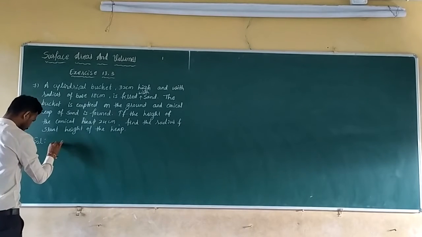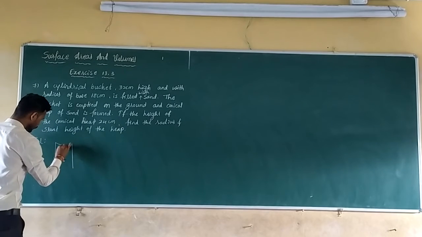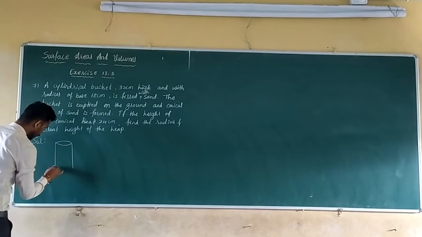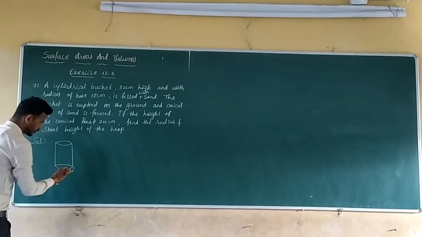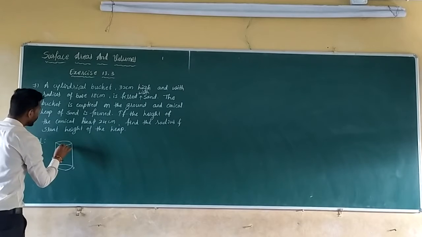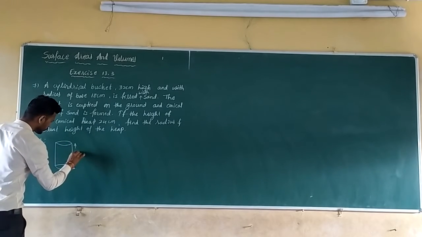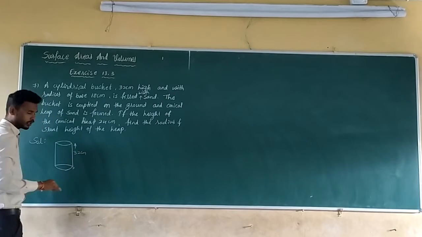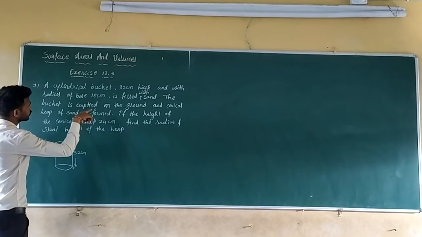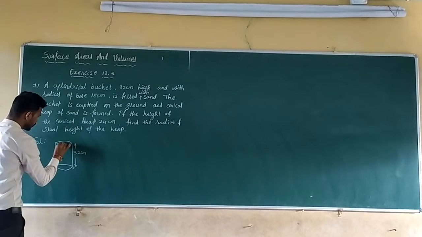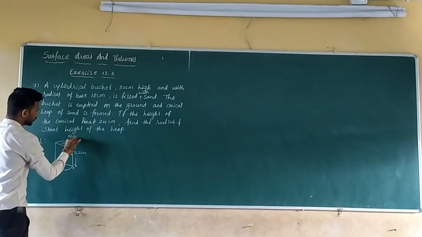So here, a cylindrical bucket is filled with sand of height 32 centimeter and radius how much? 18 centimeter.